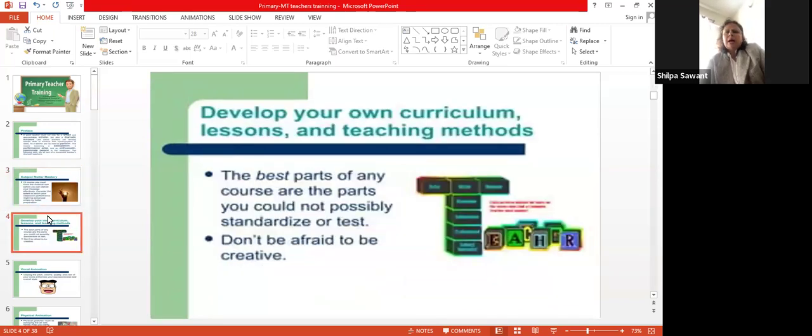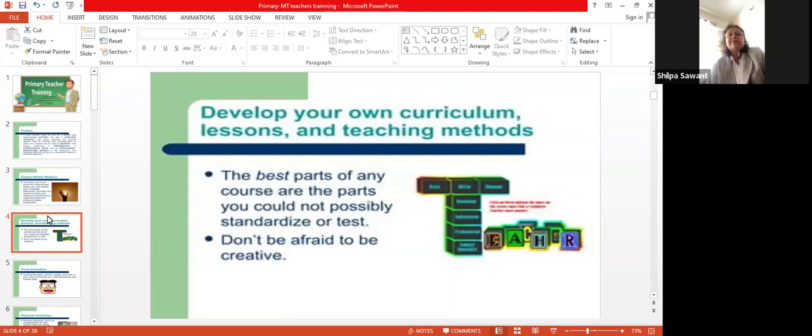When I talk about the curriculum, if it is CBSE, we give them NCERT books, and we give them different kinds of curriculum as per the school's culture. However, each and every teacher has to be their own curriculum developer, lesson developer, and have their own teaching methods.